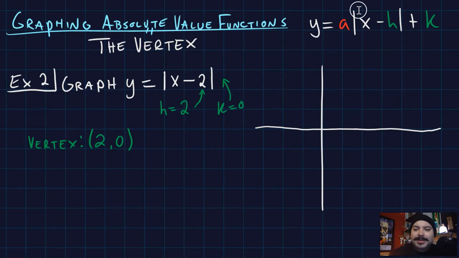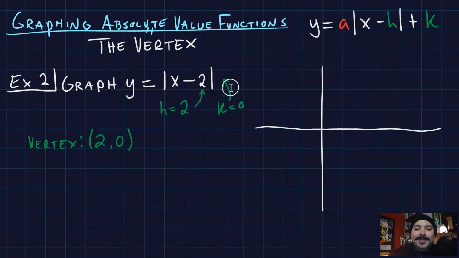Because our vertex form has x minus h, the h value is always going to be the opposite sign of what you see in your equation. If you see x minus 2, the value of h will be positive 2. If you instead see x plus 2, that's when you'll have a negative value for h. So it's always the opposite sign of the value you see inside the absolute value.